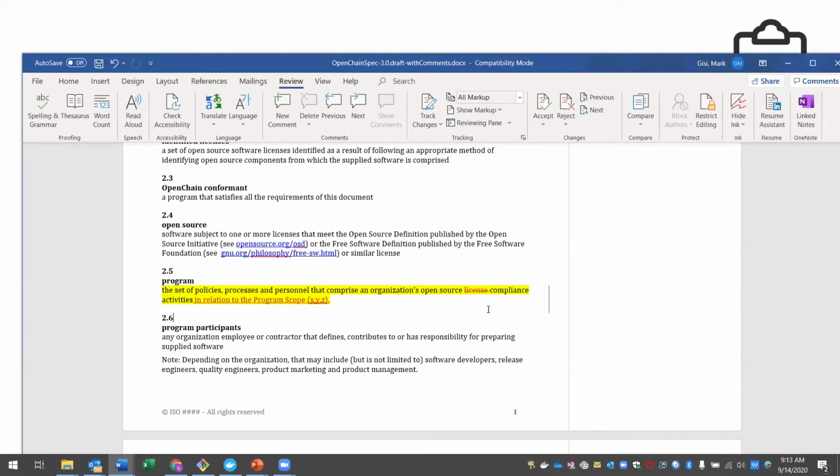Mark, just on the license compliance point, I think we get a lot of questions if we remove license from compliance, because it takes away the narrow scope. But it's a dialogue that I think regardless we need to have with the wider community. If we take out license, that opens it up for those other things which we're not really dealing with.